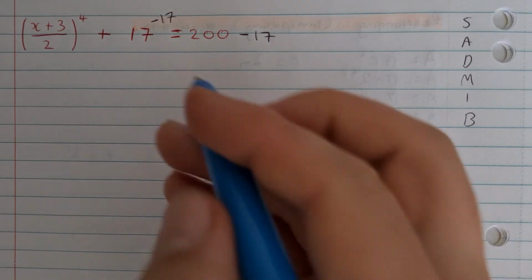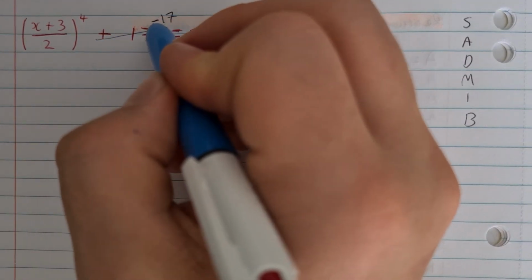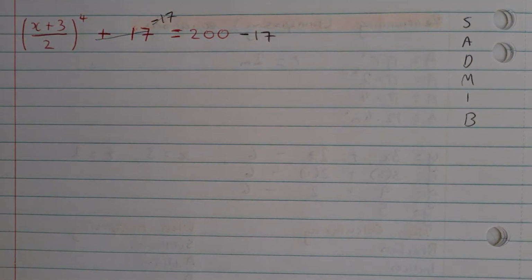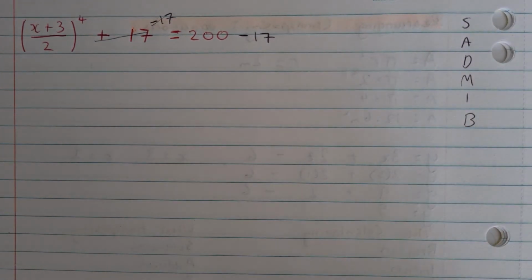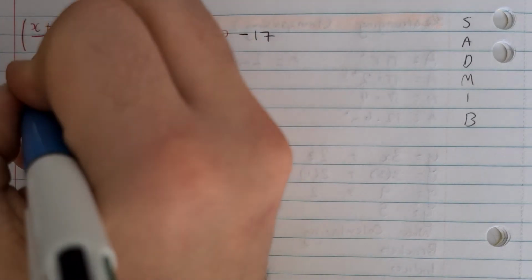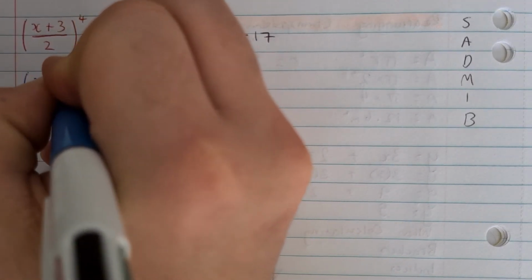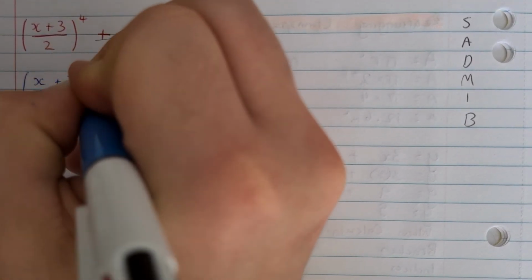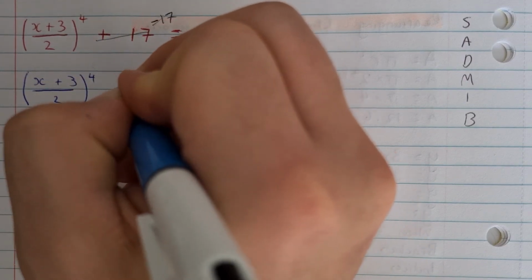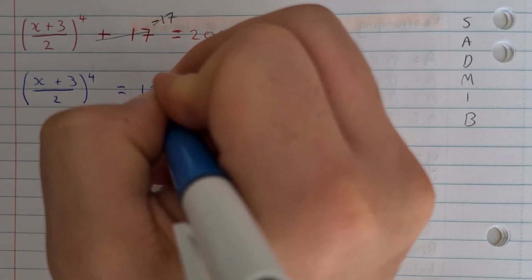Subtracting 17 will cancel out this add 17. And in my calculator, 200 minus 17 is 183. So I'll rewrite our equation. Got x plus 3 all over 2 to the power of 4 is equal to 183.